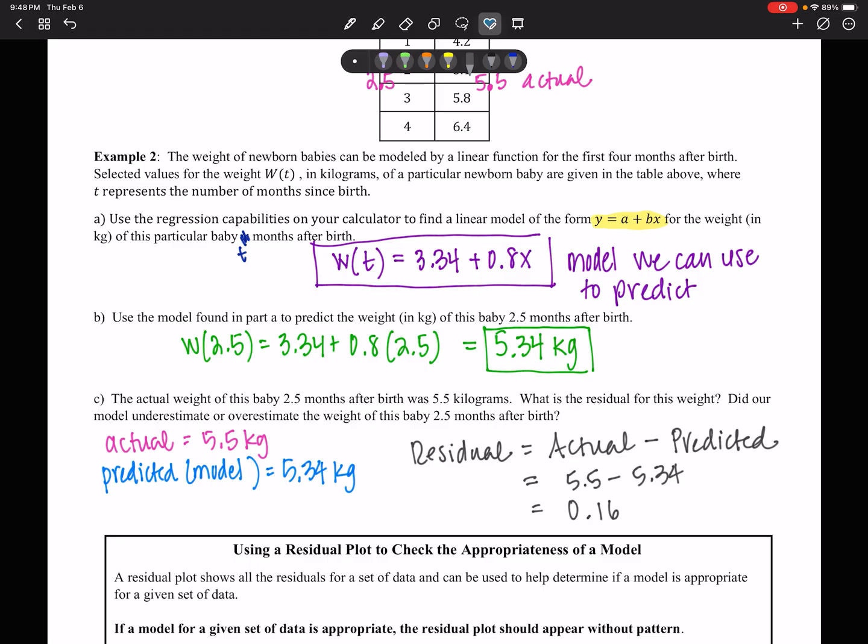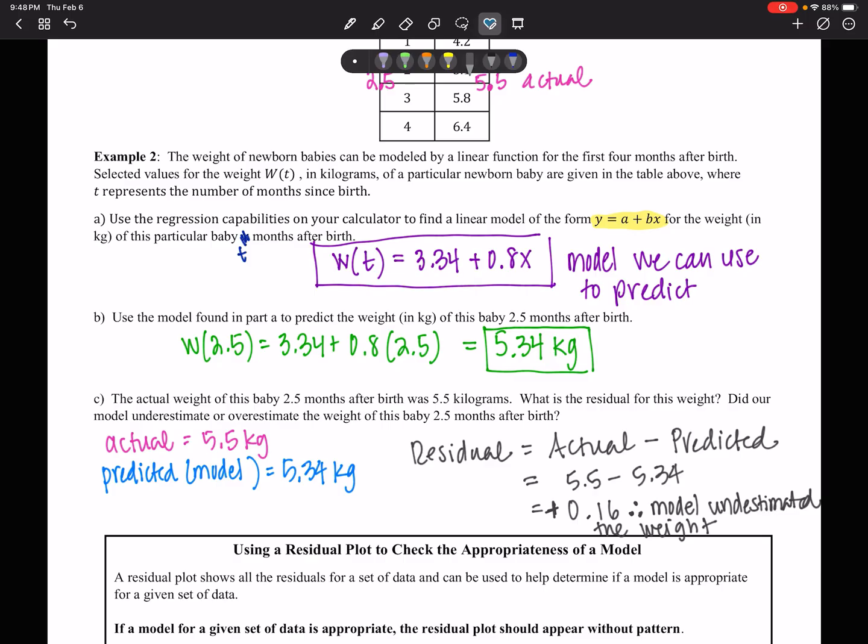Meaning the actual was higher than the predicted. So positive 0.16. Therefore, the model underestimated the weight of the baby.